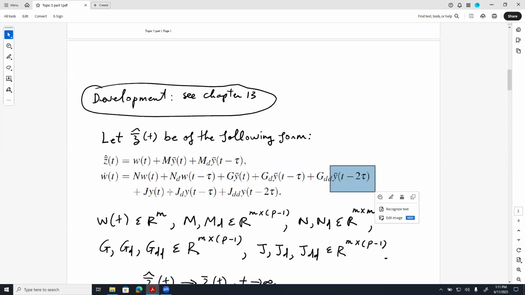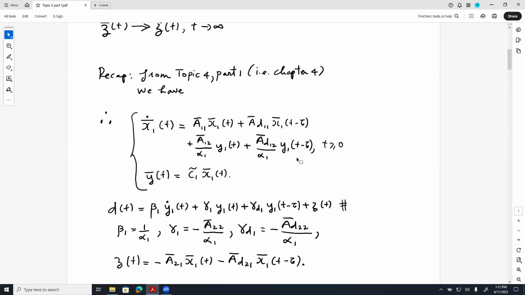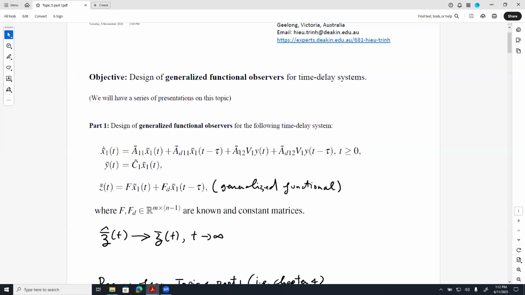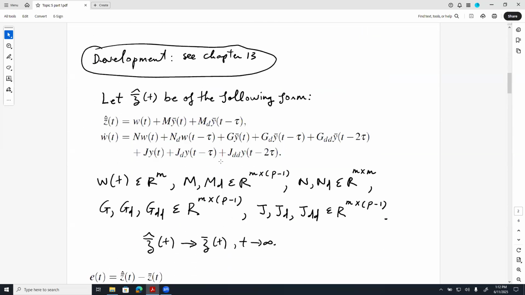The rest of these parameters are associated so that we can cancel out the terms in the output measurement in here. And that does not cause any difficulty at all, as we can show later on.